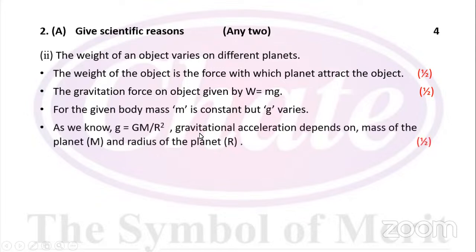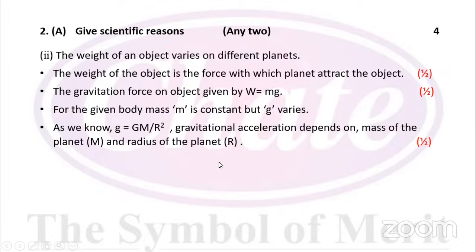Then we have to write down, as we know, that g, the gravitational acceleration, is equal to capital G, capital M upon r square. That means it depends upon the mass of the planet. You can see capital M is the mass of the planet and capital R is the radius of the planet. So that is why it is different.